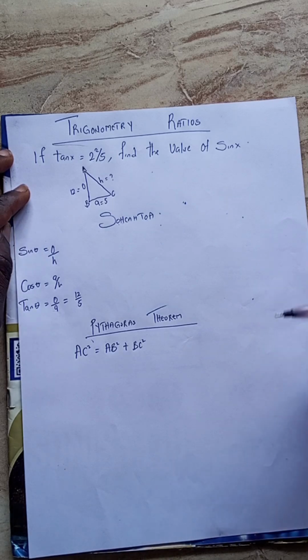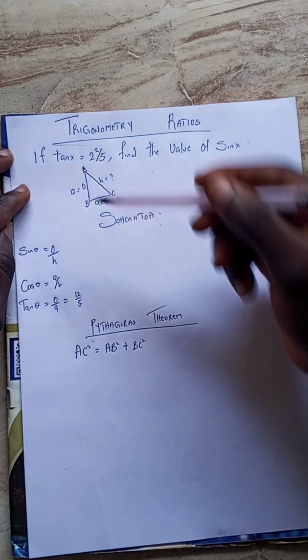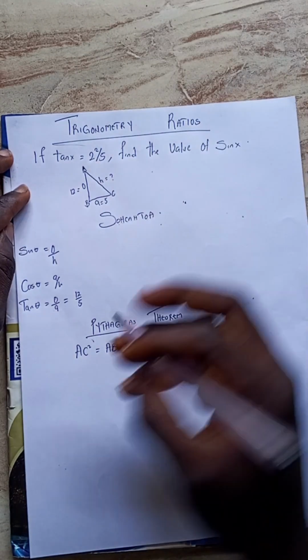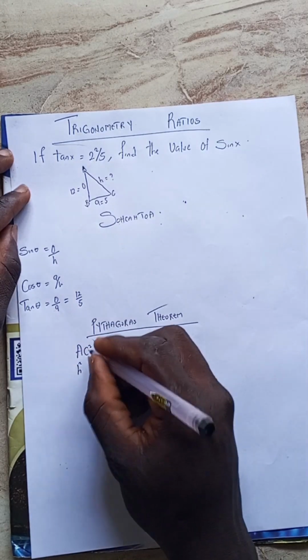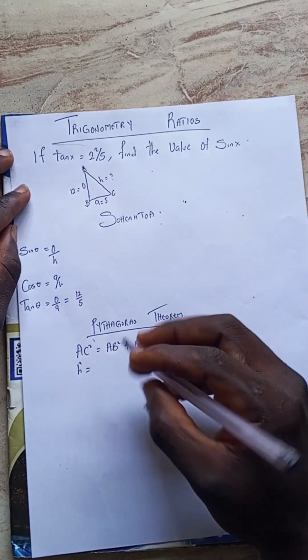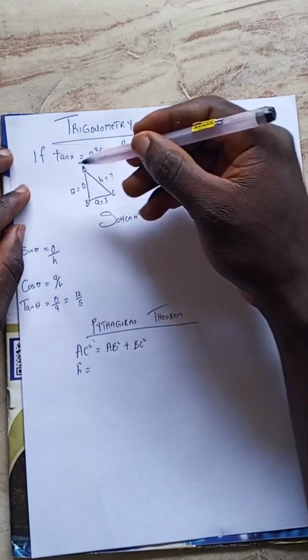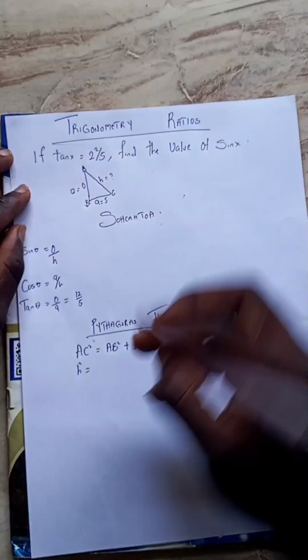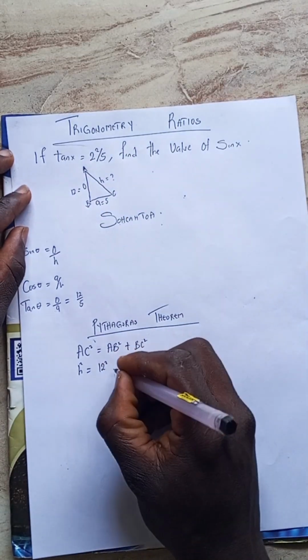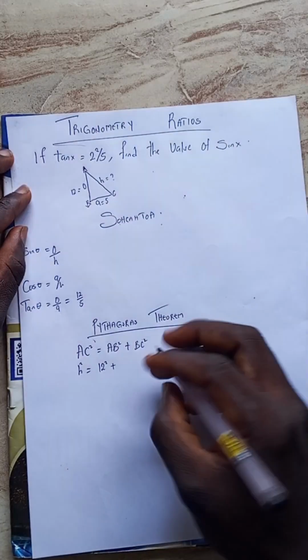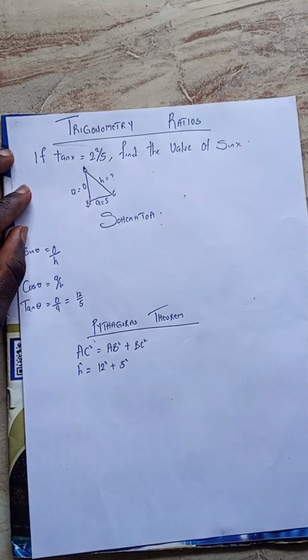Now let's substitute that. Our AC is now H, so put H, and always remember to put your square. Please don't forget. AB is 12 square plus BC, that's 5 square.